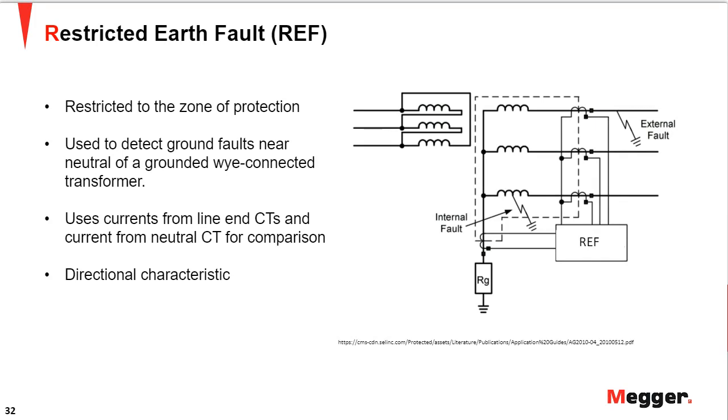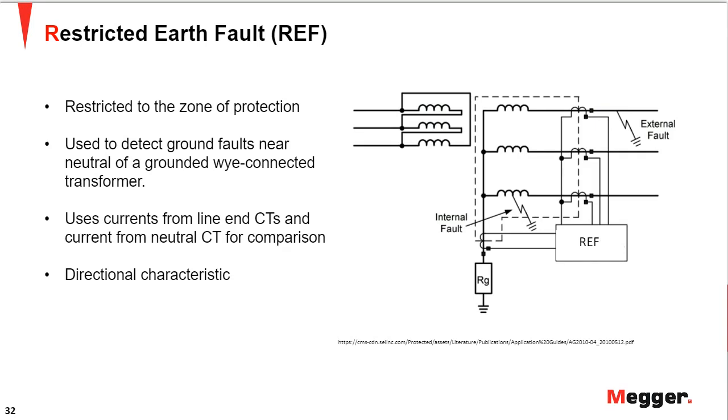The one that I'm going to discuss in today's webinar will be using the currents from the CT on the neutral, as well as the currents from the line CTs. So the element basically compares, you choose one of them as a polarizing signal, one of them as an operating signal.